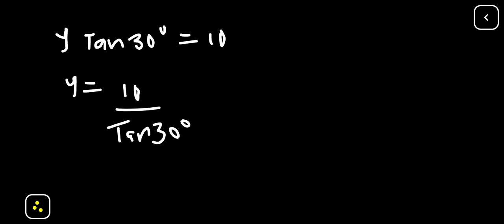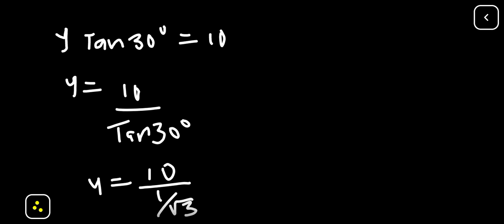So now, based on your knowledge of special angles, what exactly would be tan 30 degrees? Tan 30 degrees actually is 1 over root 3. So 1 over root 3 is actually root 3 over 3. So we have y is equal to 10 over 1 over root 3.